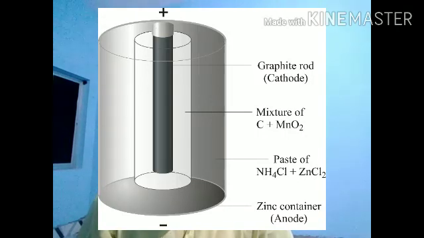Powder of carbon and manganese dioxide is filled around the carbon rod, and also a paste of ammonium chloride and zinc chloride is filled around the carbon rod. So these chemicals are filled in a dry cell: carbon powder, manganese dioxide, zinc chloride and ammonium chloride.